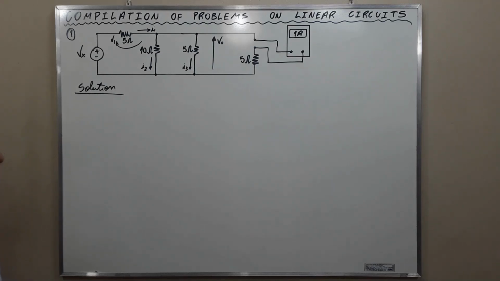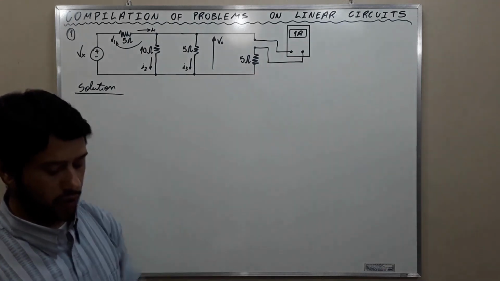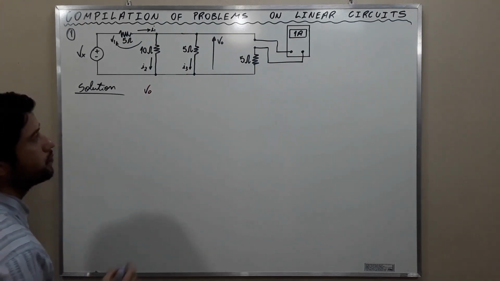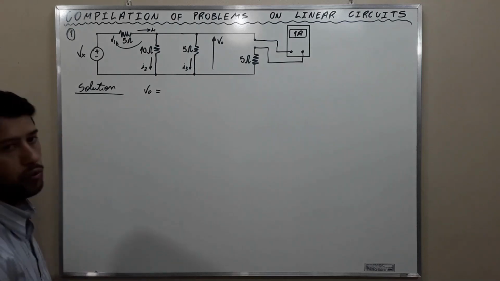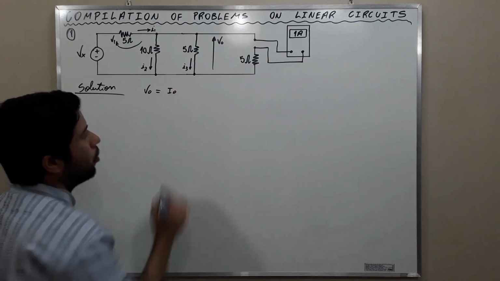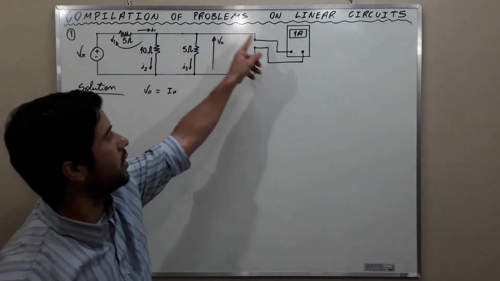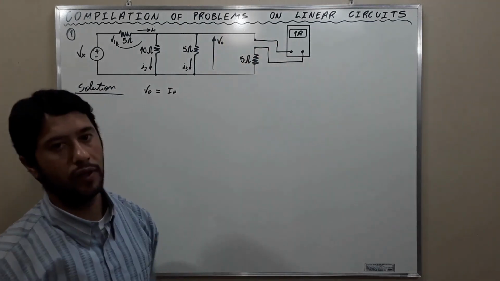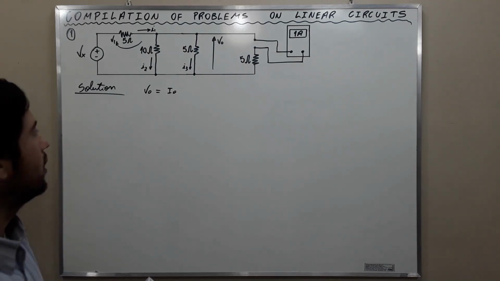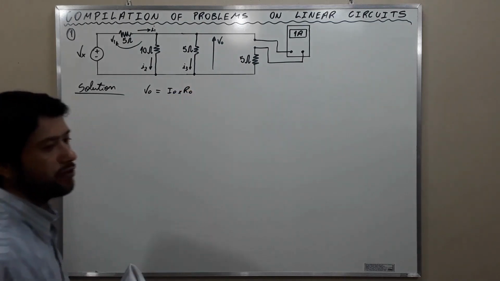Applying Ohm's law at the rightmost branch, we find VO is equal to IO, which is the current that flows here, and the instrument is displaying the value of the current, times the resistance, RO.